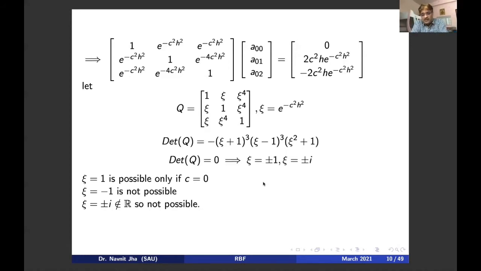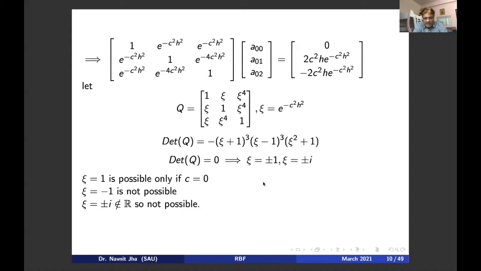Just look at, before finding these weight values, you have to see whether this matrix is invertible or not. So I am going to find the determinant of Q, and it is coming out to be (xi plus 1) cubed, (xi minus 1) cubed, (xi square plus 1), and the determinant is 0 provided xi equal to plus minus 1 or xi equal to plus minus i.